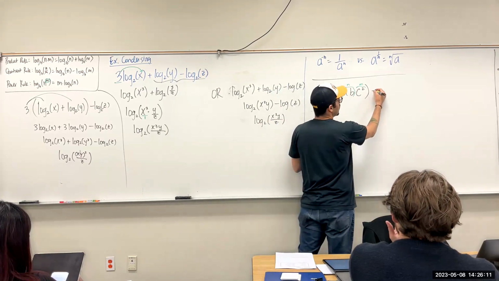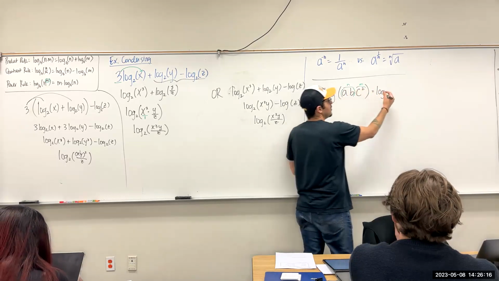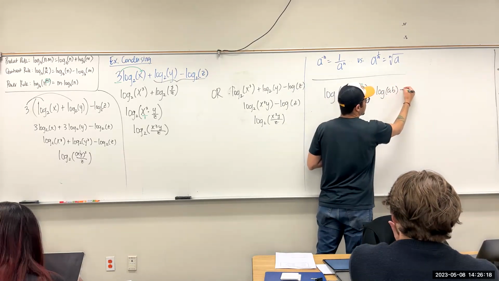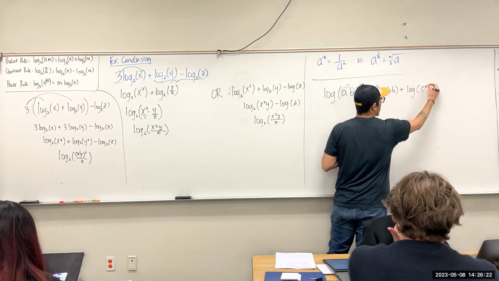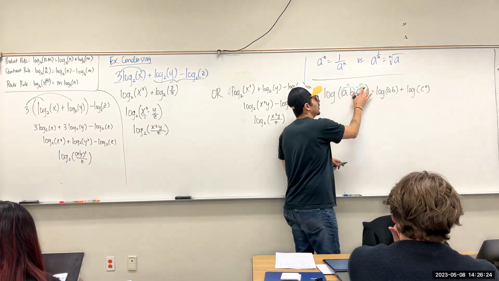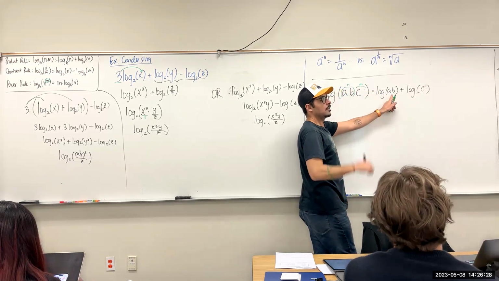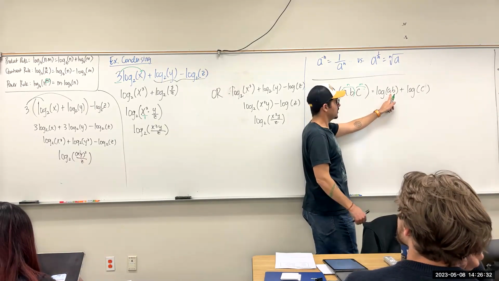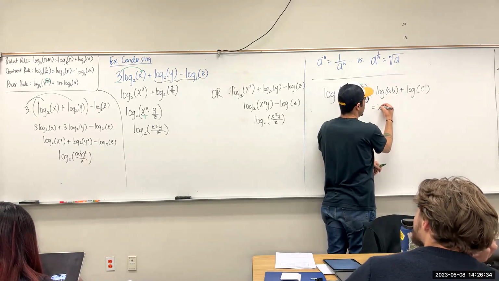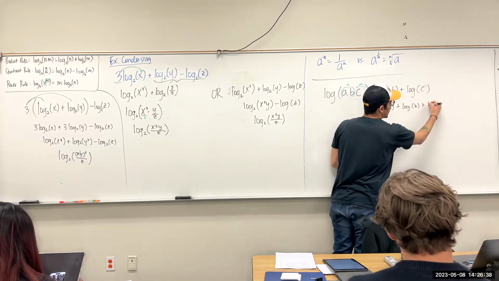Then if I use the product rule, it'll be log of the n, which is the AB part, plus the log of the m, which is the c squared part. Then you use the product rule on this guy. So then that becomes the log of A plus the log of B plus the log of C.